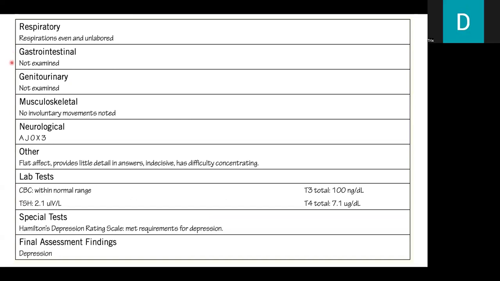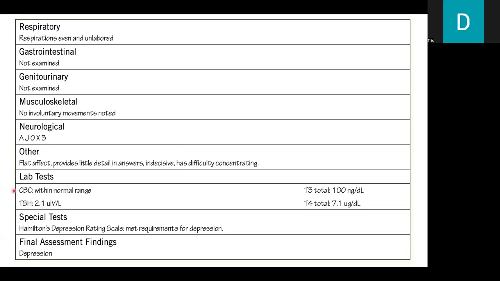There is no gastrointestinal examination, no genitourinary examination. There are no involuntary movements of the musculoskeletal. Her neurological is AGOX3. For others, there's flat affect, provides little detail in answers, indecisive, and has difficulty concentrating.